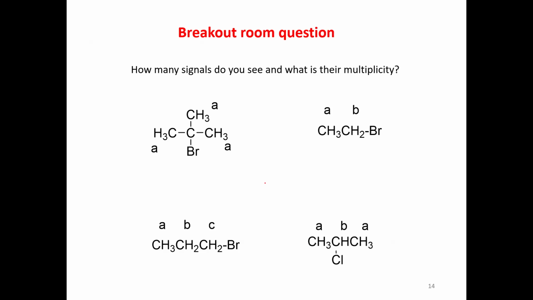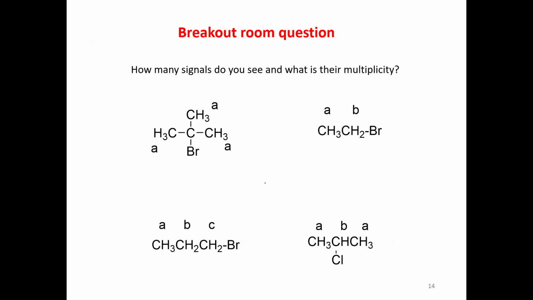What about that? If you're not sure, when you see it like that, again, expand it. It's tetrahedral. Put it in a shape that is more familiar to you, if you need to. How many signals? Two signals. Two methyl groups and one H. What is the multiplicity of this one? This CH here, if you put the proton there.